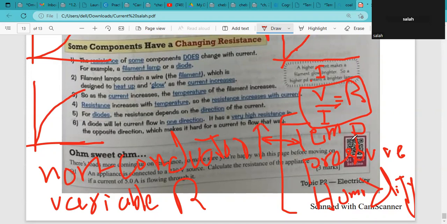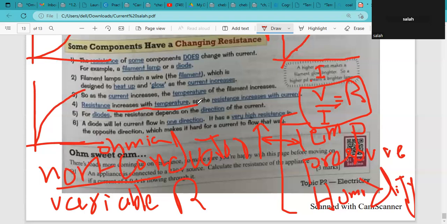And when its temperature rises, it will not obey Ohm's law, V equals IR. So it becomes a non-ohmic conductor because of the rise in its temperature. So the resistance increases with the increase in temperature.